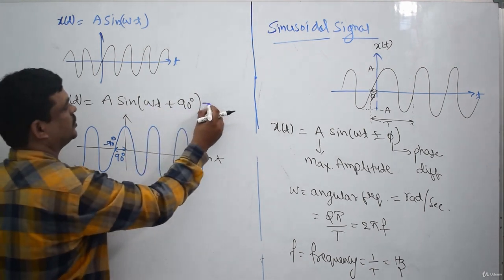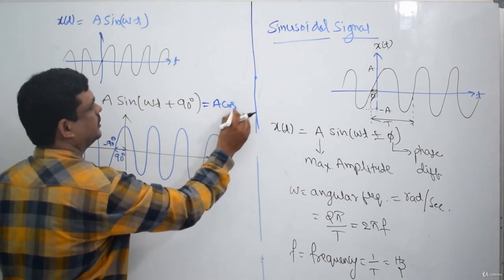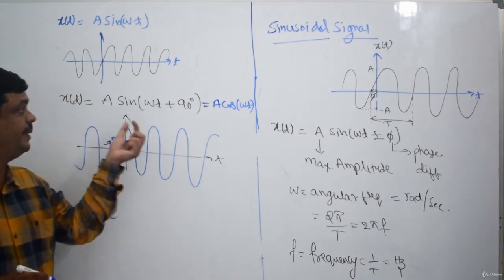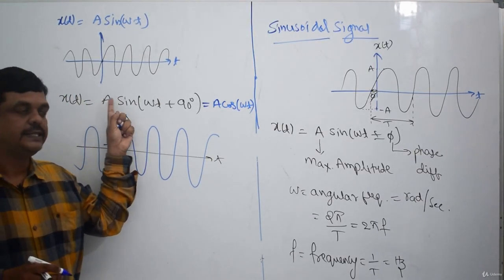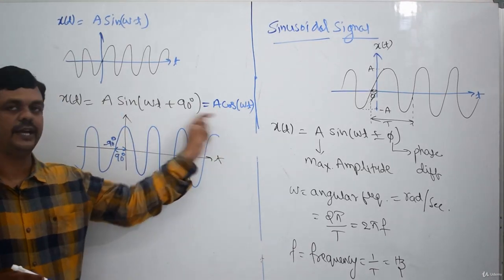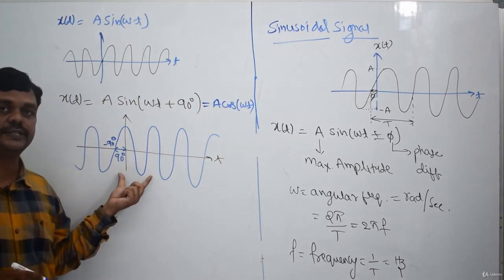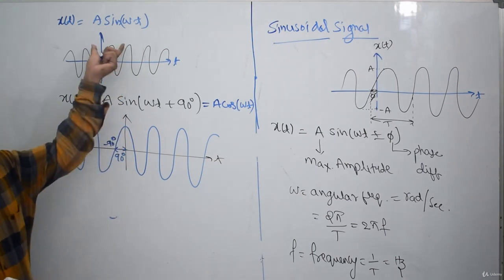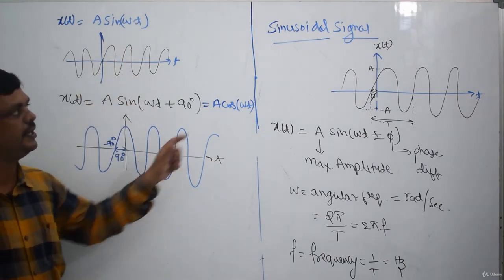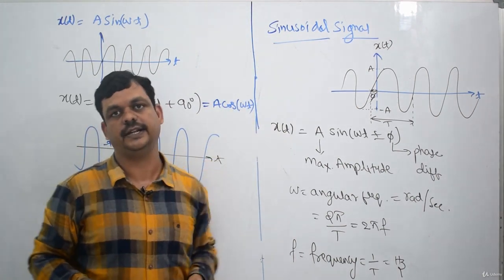This function is also called a cos omega t. From the mathematical analysis, sine of 90 plus theta is cos theta. Amplitude is as it is. This function is the pure cos function and the other is the pure sine function. These two come under sinusoidal signals.